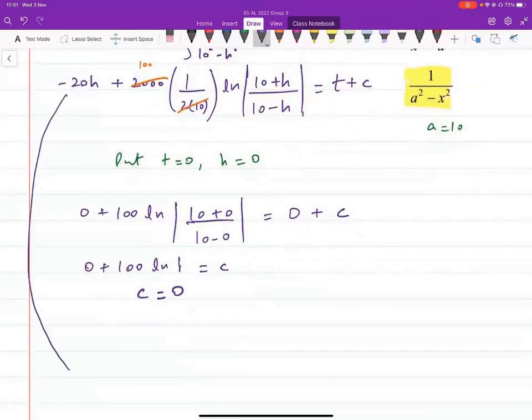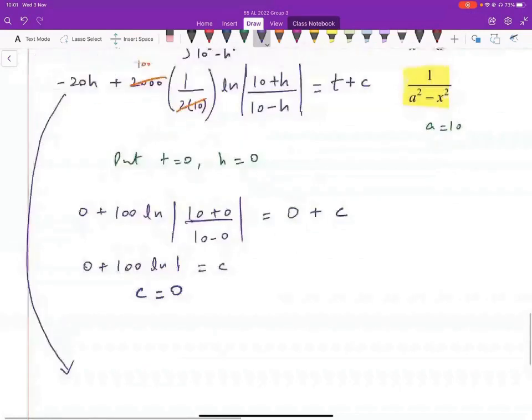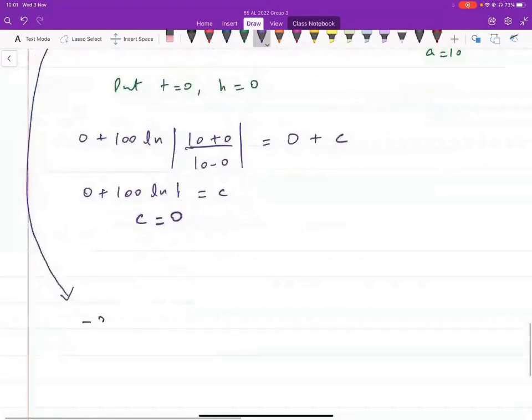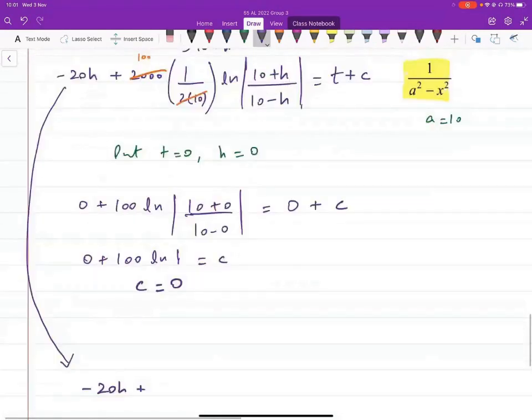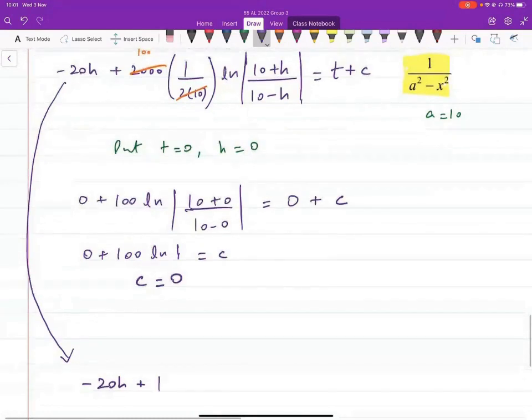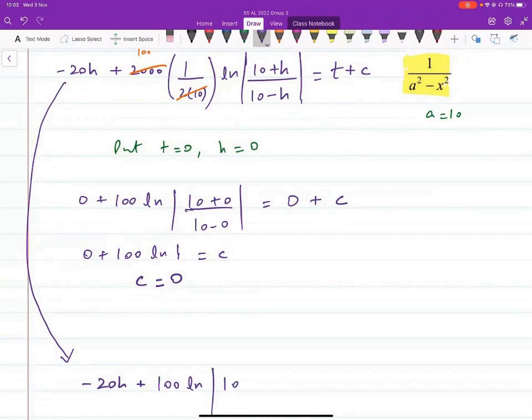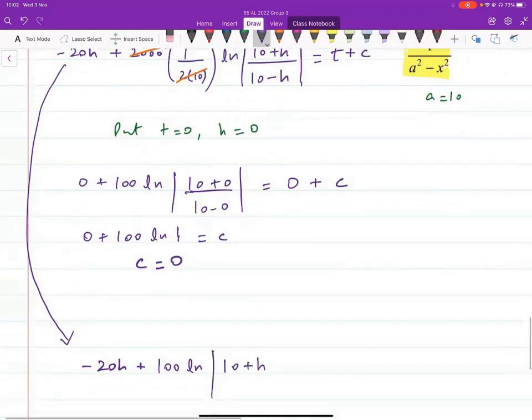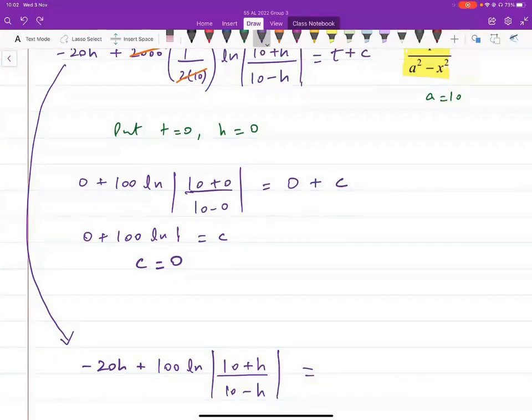This expression now becomes minus 20h plus 100 ln of 10 plus h divided by 10 minus h. That is your t. This is t in terms of h.